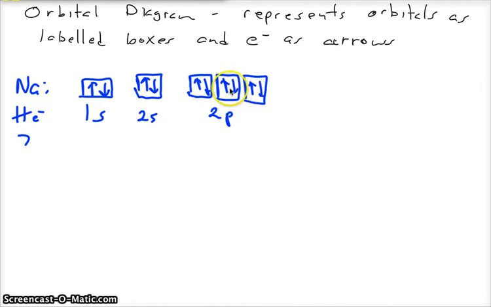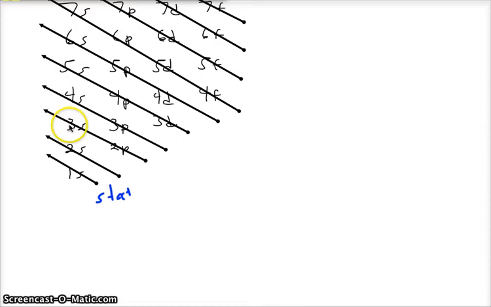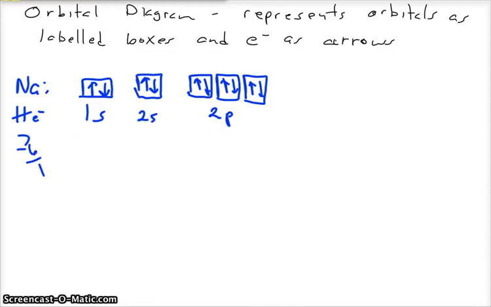Now that's 6 more electrons in this p, so we're down to 1 electron left. Where's it going to go? According to the diagram, we go from 2p into 3s. It's an s orbital, so 1 box, and we have 1 electron left, and we'll place it up. So this is an orbital diagram for sodium.